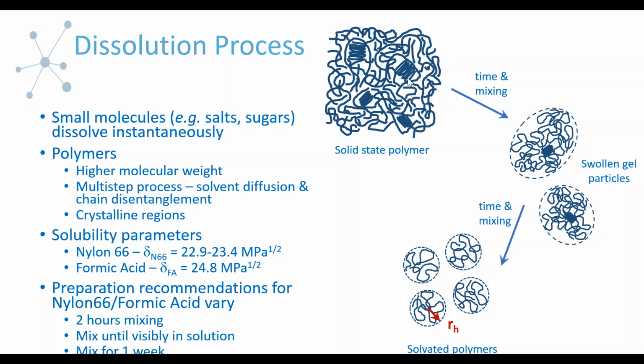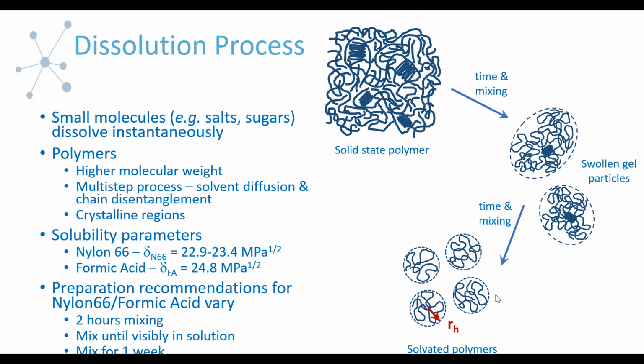Now you have to have solvent diffuse into this solid, tightly packed polymer, and then this has to, over time, induce chain disentanglement. I've broken this down into a couple of steps with the pictures. Your initial state is this solid polymer, and remember the picture of the pellets and the length scale those were on, 3 to 5 millimeters. You start with this solid state, densely packed, with some crystalline regions in our case, and ultimately what you're trying to get to is individual solvated polymers in solution.